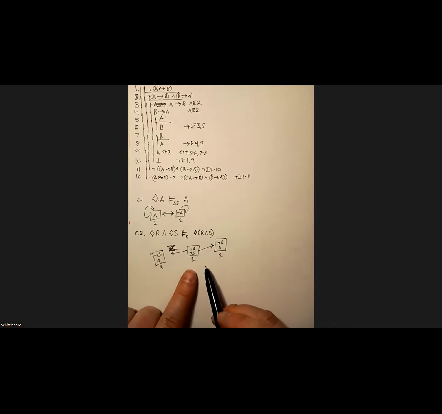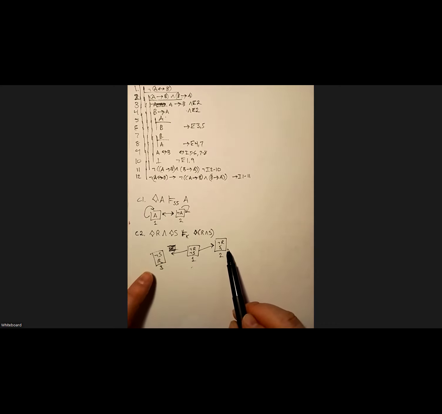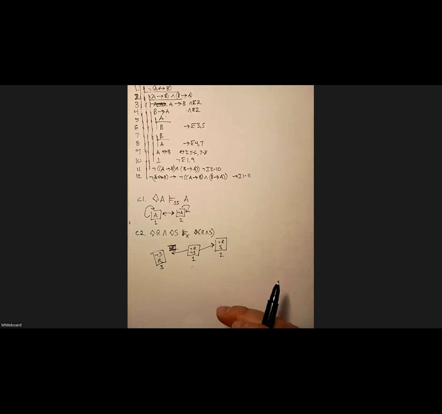So now if we look at world 1, this claim is true. Possibly R and possibly S are true in 1. But it's not the case that diamond R conjunction S is true, because every world it can see, that conjunction's false. So, easy peasy.